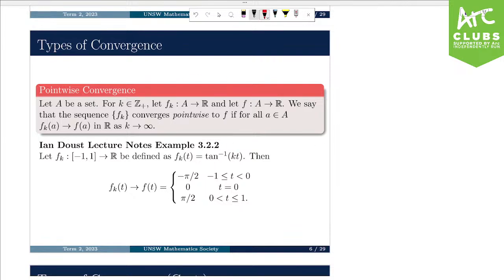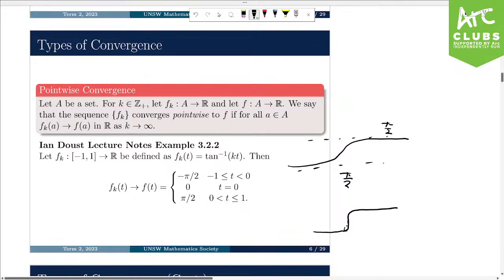So tan inverse looks kind of like this, with asymptotes at pi on 2. And as we increase k, the slope here gets steeper. So we kind of end up with a step function almost.